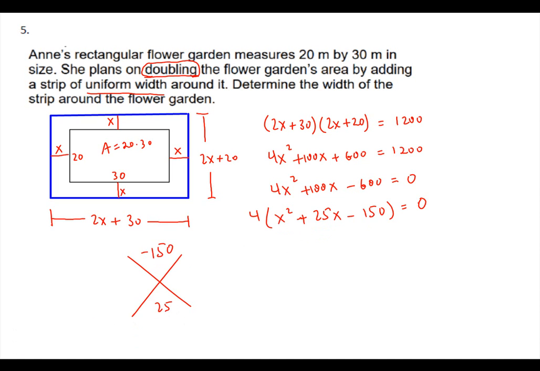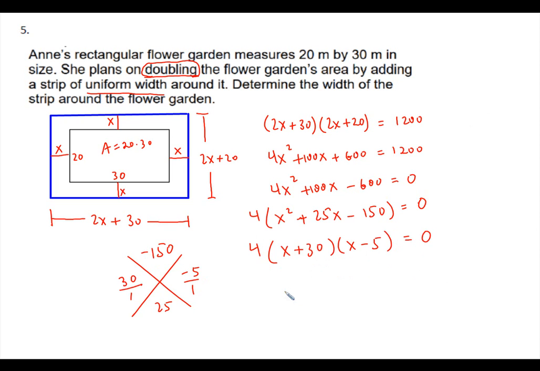So the two numbers are going to be 30 and negative 5. We need to divide by a, which is 1, right? So our factors are going to be x plus 30, x minus 5 is equal to 0.